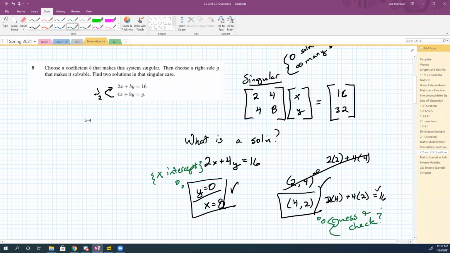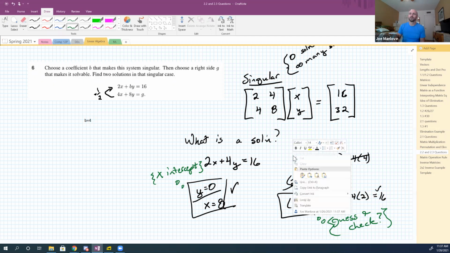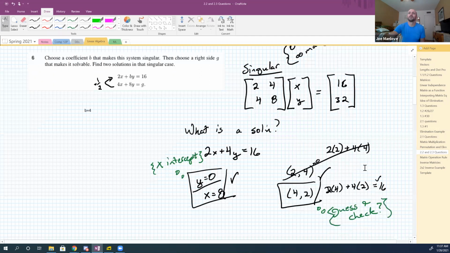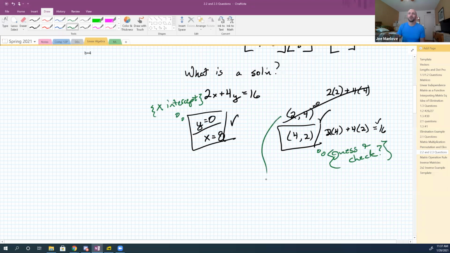Yeah, so like, okay, so 2 is a number. 4 doesn't go with it, but let's figure out what does. So if we plug 2 in for x, if I'm committed to having x be 2, then when I plug it in, I get 4 plus 4y is 16.